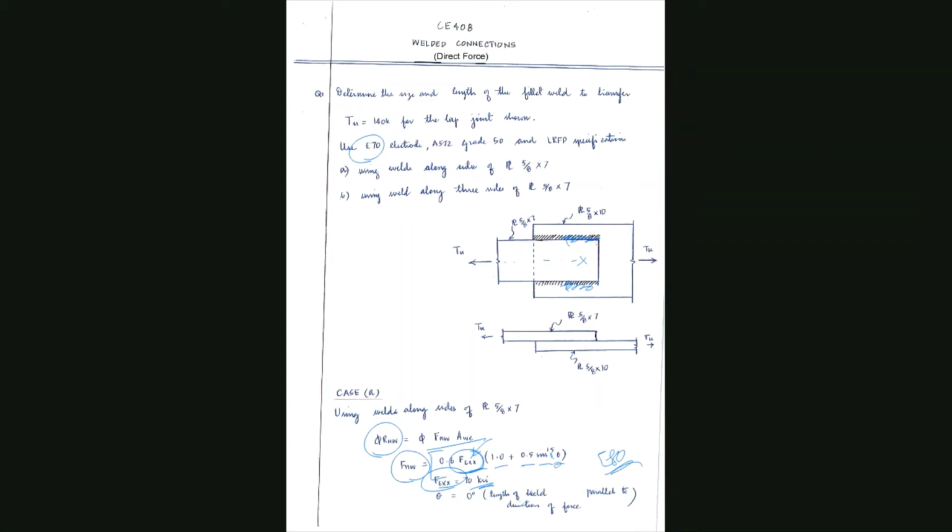Now from here it's easy. You'll understand the orientation of this weld is parallel to the line of action of the force, so theta is 0. When you substitute all the values here, you also need to find A_we.